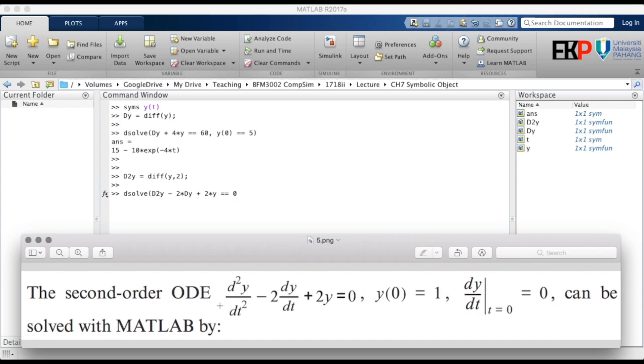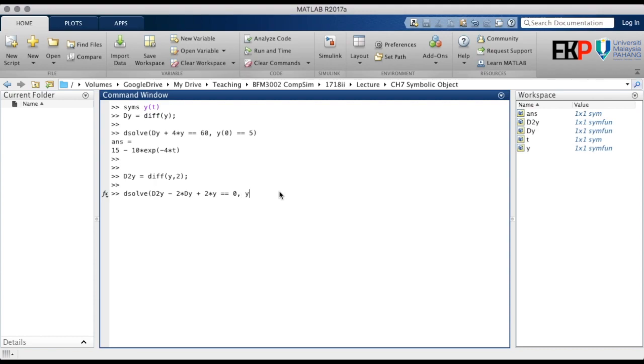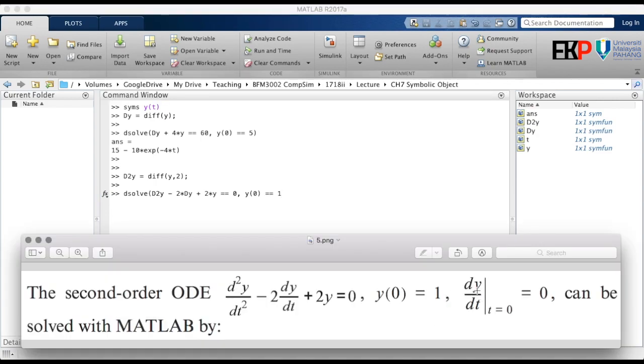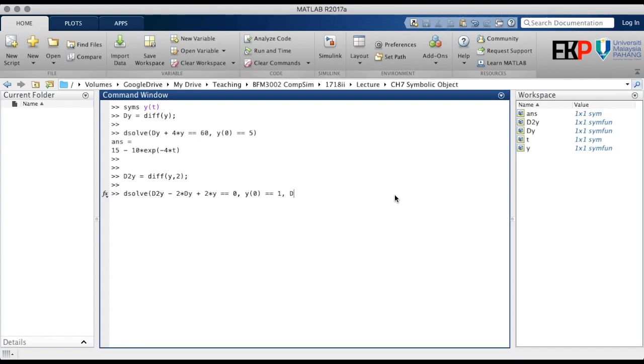This is our equation here, d2y minus 2 times dy plus 2y equals to 0. And we have two conditions, y(0) equals to 1. So we put a comma, y(0) equals to 1. And we have another condition, dy dt at t equals to 0 is equal to 0. So we have here comma dy(0) is equal to 0 as well.